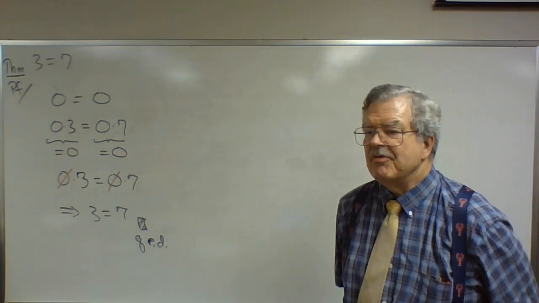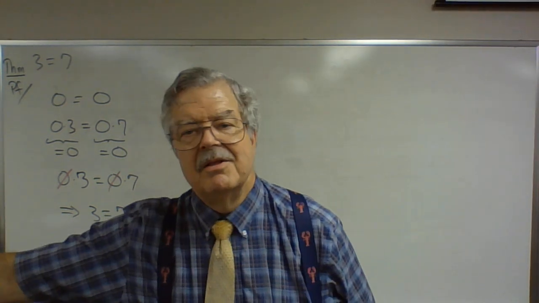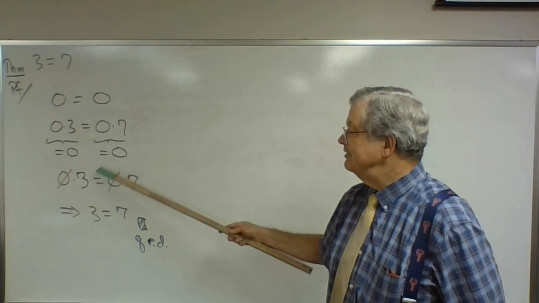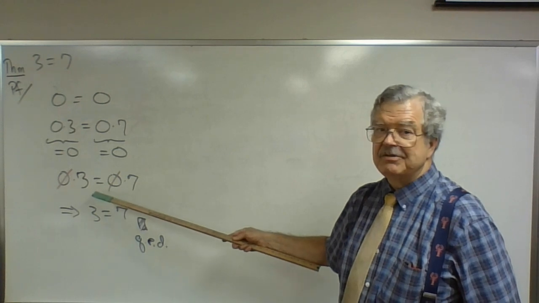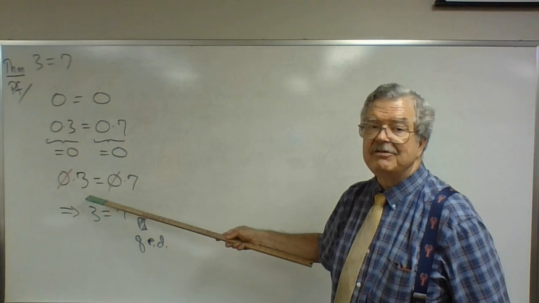Now, the impropriety of my approach here is obvious. Something that we cannot do with real numbers is divide by 0, which is exactly what I did when I canceled the zeros here. I divided both sides by 0.